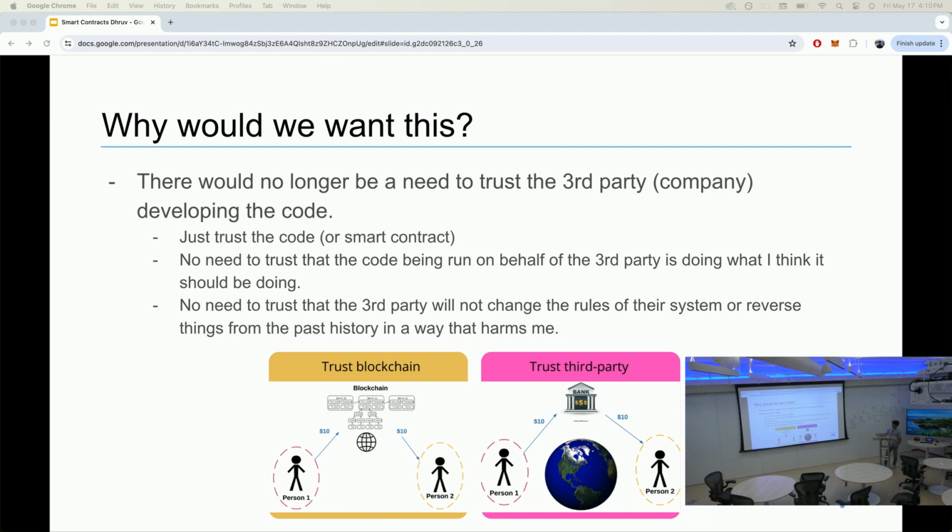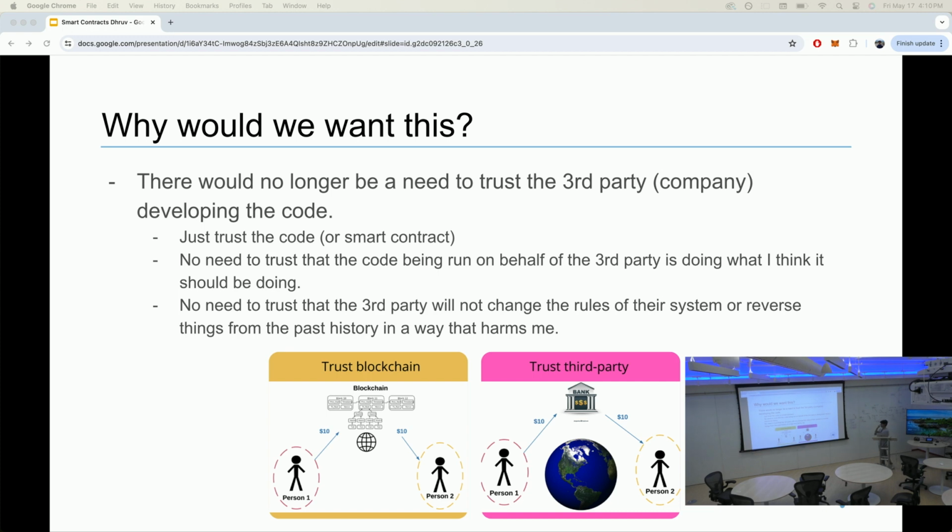And then lastly, a pretty important thing is that there's no need to trust that this company or third party will change the rules of their system at the whims of what they're thinking. The issue is, the rules changing and the system changing can be pretty harmful to users. A pretty common example is social media platforms, where they change their rules of what kind of content is allowed, and then users get their accounts banned or blocked for things they're posting, even though they may have a previous history of doing so.